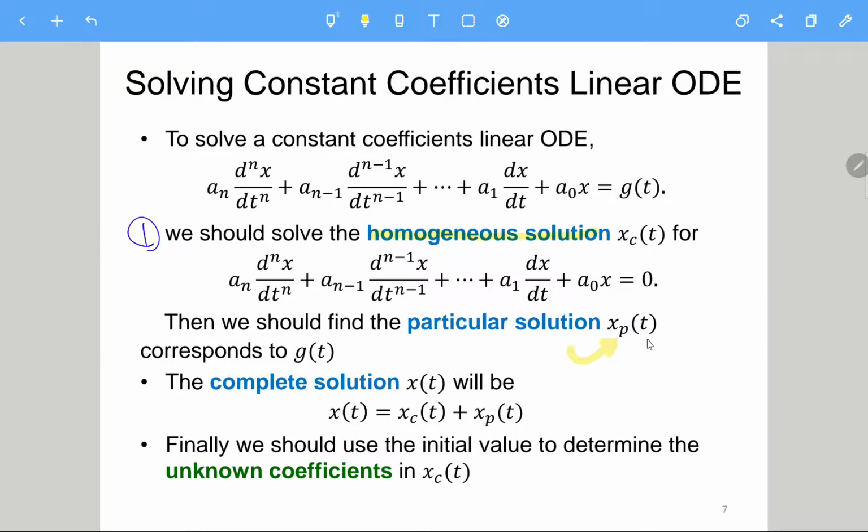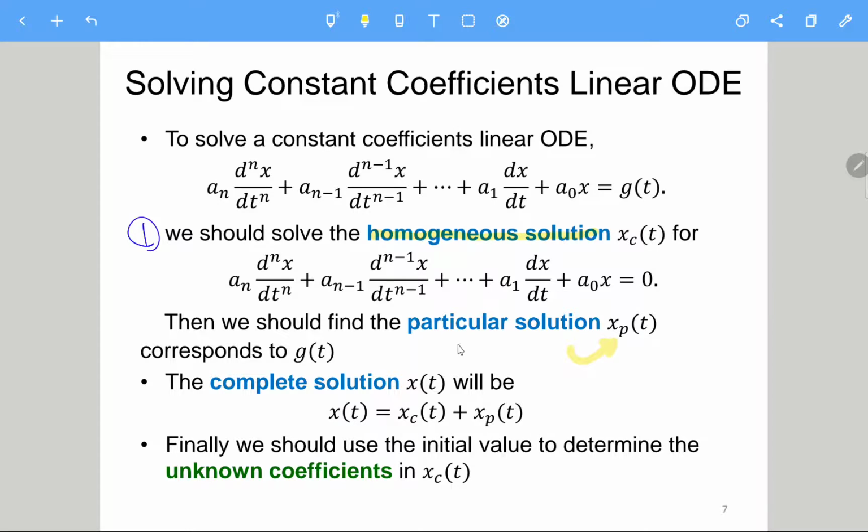Find the particular solution x_p corresponding to g of t. This is the homogeneous solution, the solution to this one, and x_p is the solution to the whole equation. Then finally, the complete solution is just to add them together.